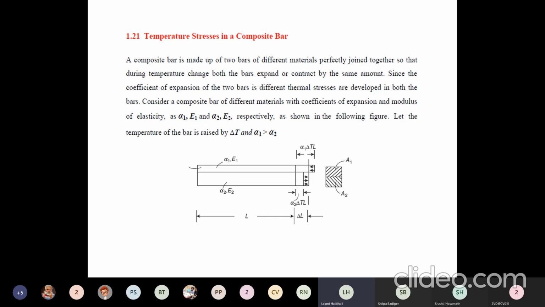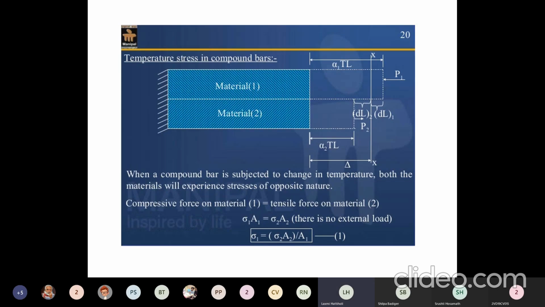Let me explain it in a clearer picture in this slide. Whatever I've explained now, I'll explain the same thing in this cleaner picture. This is material 1, this is material 2. I'll explain this once again. Material 1, observe the arrows carefully. Because of the increase in temperature, it has extended by alpha T L. Either you can take delta T or T, one and the same.